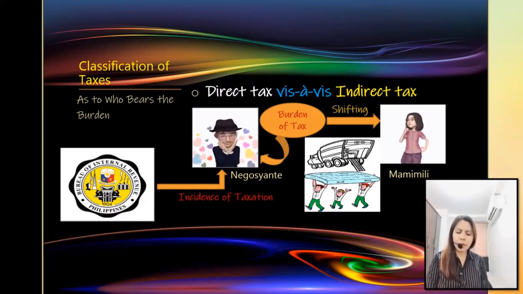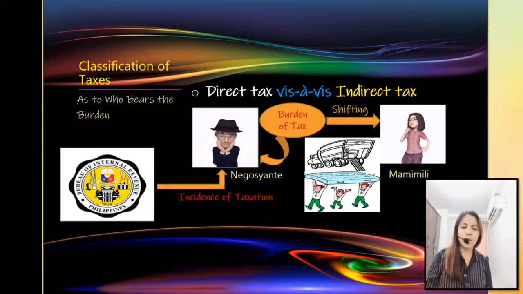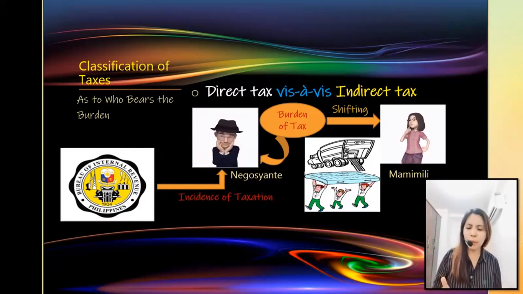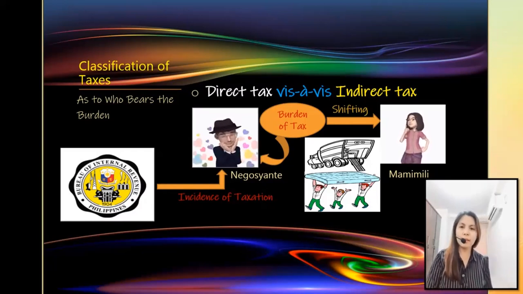Now, we have this constitutional limitation that we mentioned in our previous lecture, that the state shall evolve a progressive system of taxation. What is meant by progressive system of taxation? We should not confuse that with progressive tax rates.